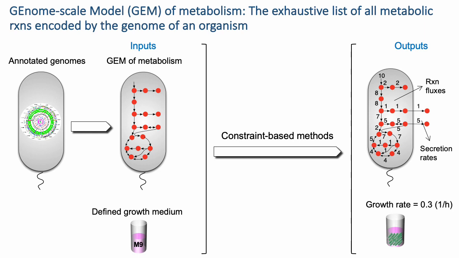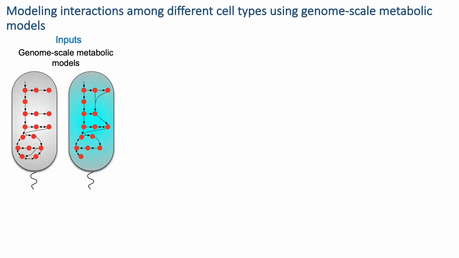These constraint-based methods were initially used to model individual organisms or monocultures, but they were extended over the past decade or so by us and by others to additionally model interactions among different cell types, such as interactions among different microbes in the microbial community.